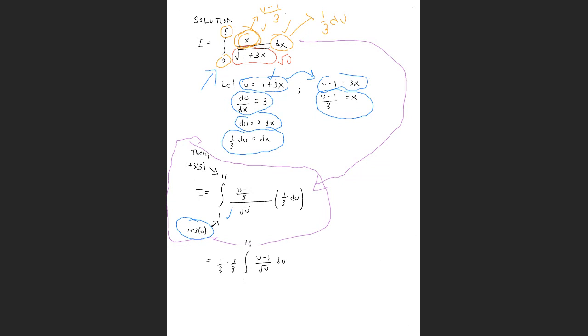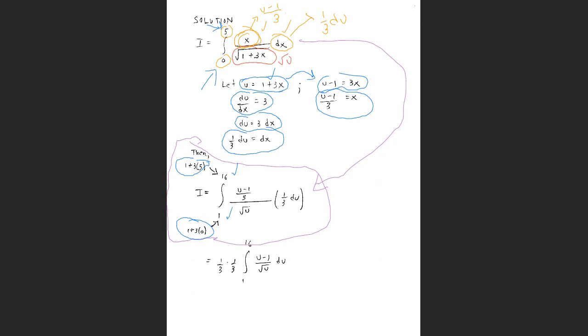The top x limit is 5. Well, 1 plus 3 times 5 is equal to 16. So those are our new u limits.